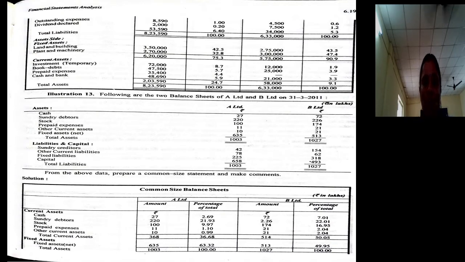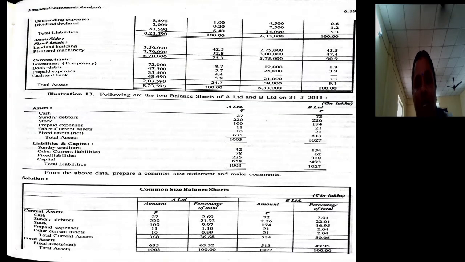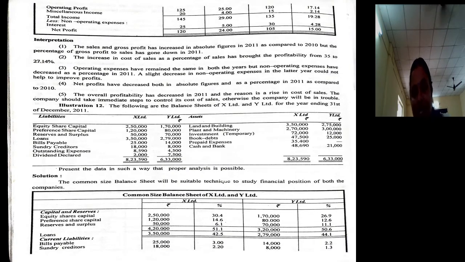Now what we have to do is take this total liability as 100 in case of X as well as Y. Once we take this as 100, we need to calculate the percentage relationship that each item of the liability side bears with this total liability. So if the total liability of 8,23,590 represents 100, what is 2,50,000? It is 30.4. What is 120? It is 14.6. What is 50? It is 6.1.